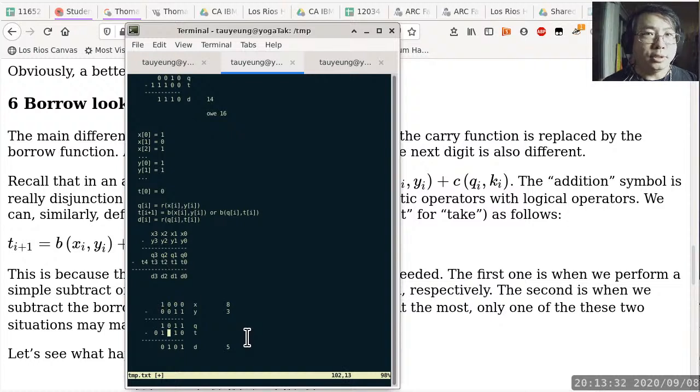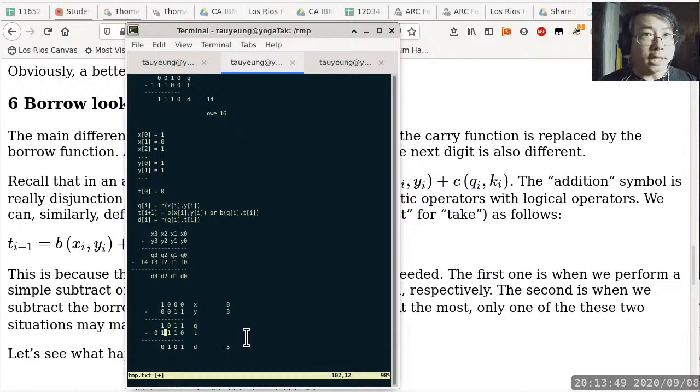We cannot compute T2 until we know what is T1, and so on. So now we have the same situation that we had with binary addition. We have, in this case, borrow ripple.